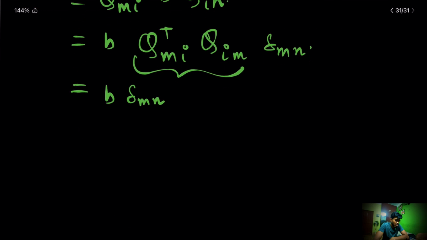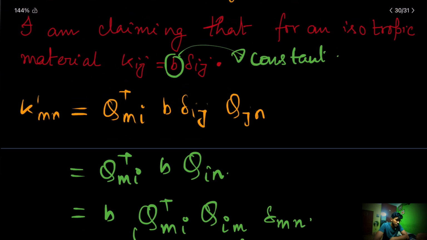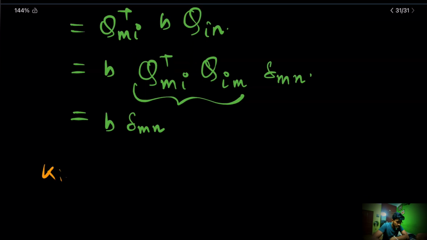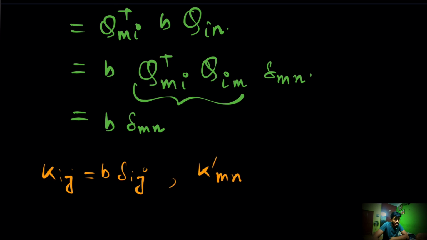As we know that this is our identity matrix, this is essentially B into delta mn. So I proposed that my Kij is equal to B into delta Ij, and I got my K'mn equal to B into delta mn.